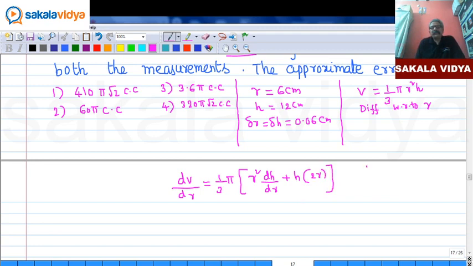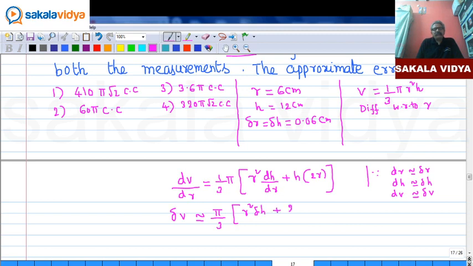So, remember here dr, dh, dv approximately equal to delta r, delta h, delta v. So, now we can write delta v approximately equal to pi by 3 into r square into delta h, because delta r gets cancelled, plus 2 h r into delta r.